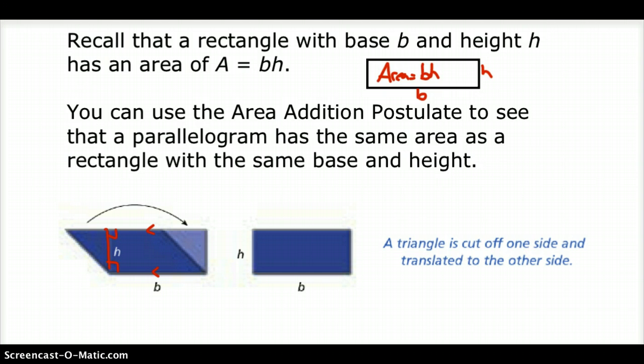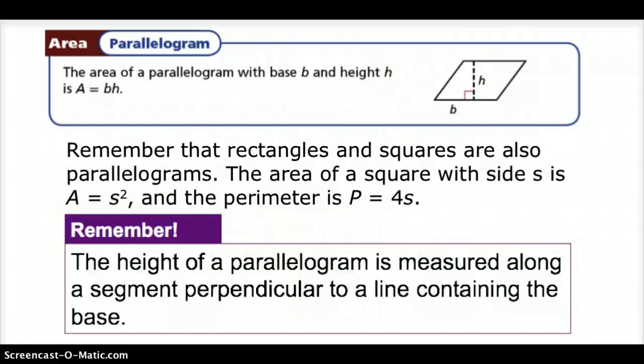And all we're going to do is take this triangle and move it over here. And what we end up seeing is that this rectangle is formed. It's going to be the exact same figure if we cut off that triangle and move it over to the other side. So pretty simple. And now we're going to take a look at just the actual diagram.